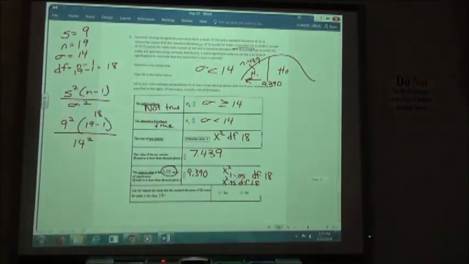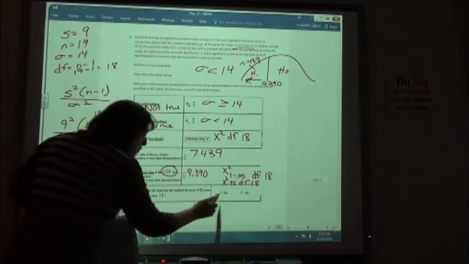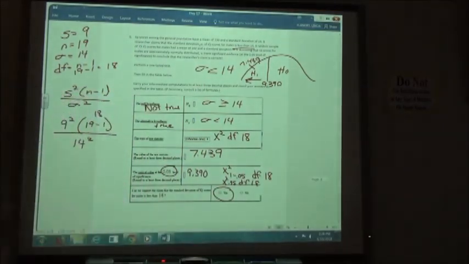The true statement is that my standard deviation is less than 14. So, can we support the claim that the standard deviation for males is less than 14? Yes, that's my true statement. It says yes, it is less than 14. I like it better when it says support and not reject. Support's easier to figure out.